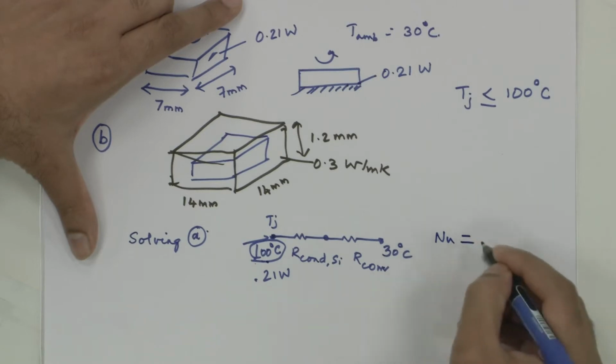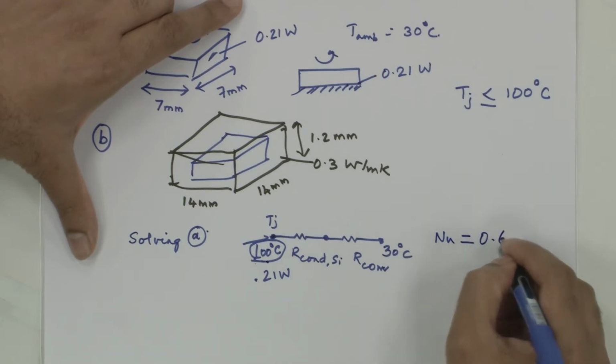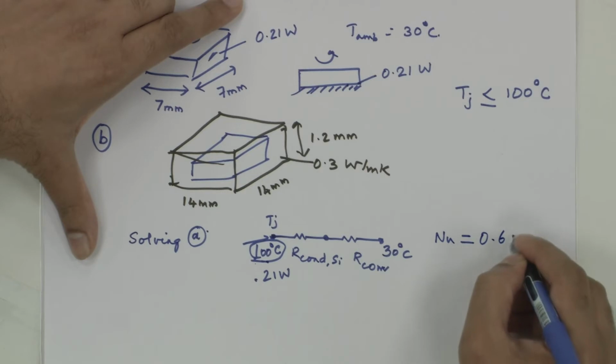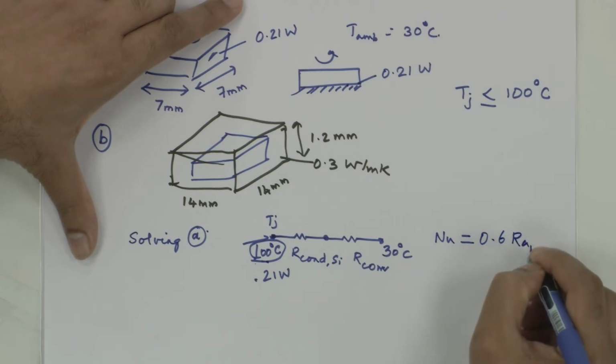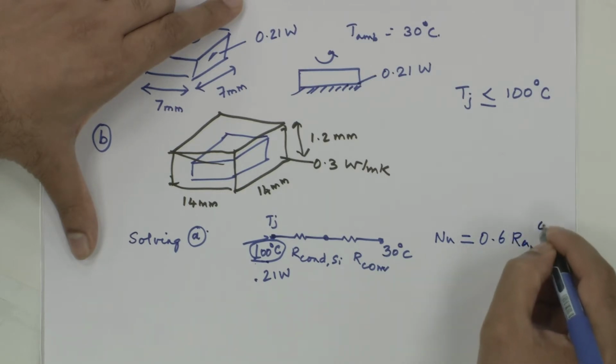For the Nusselt number, from a textbook by Bejan, we have a correlation of this form. Let me write this and then talk.